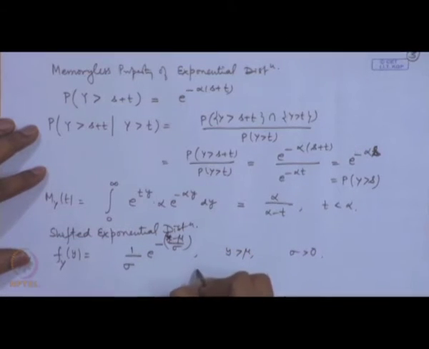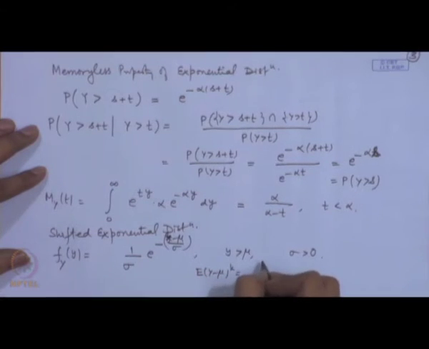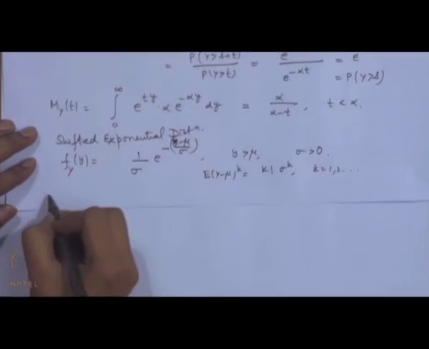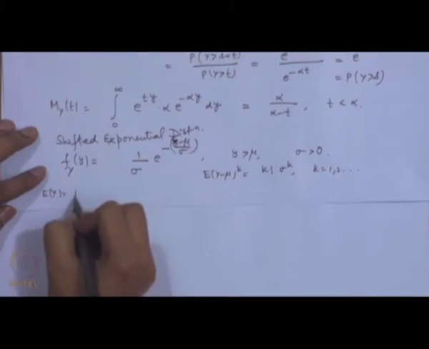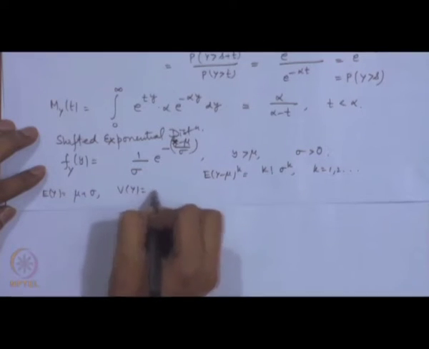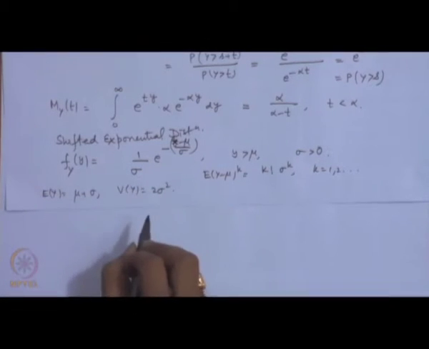That means, in general we will have expectation of y minus mu to the power k equal to k factorial into sigma to the power k. So, for example, expectation of y will become mu plus sigma, variance will become sigma square.